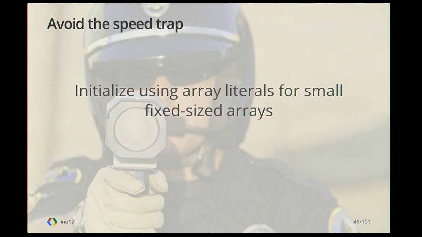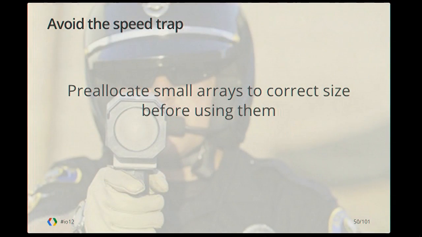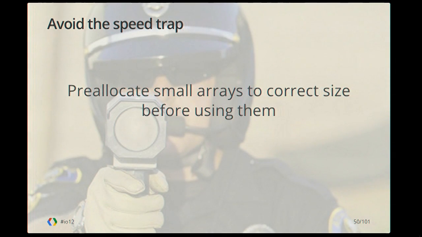So, touched on this already. Speed trap. Make sure, wherever possible, you initialize arrays with array literals, especially for fixed size small arrays. Also for small arrays, make sure to pre-allocate them before you use them. Now, again, this is different than large arrays. Large arrays, remember, more than 65,000 elements.